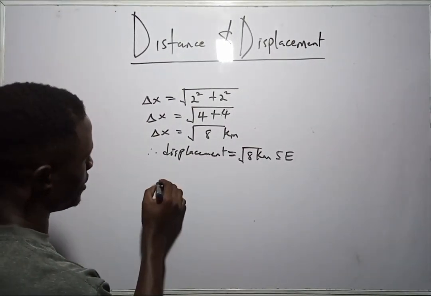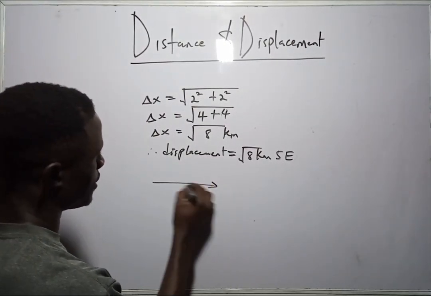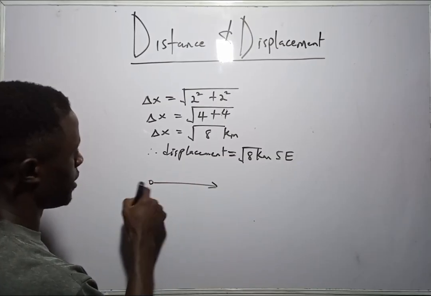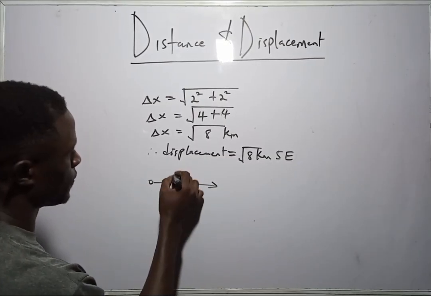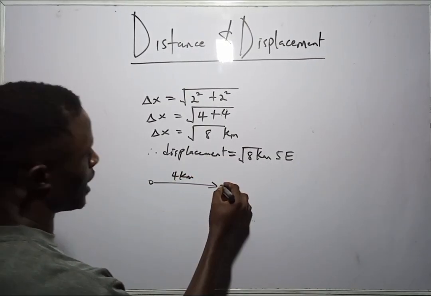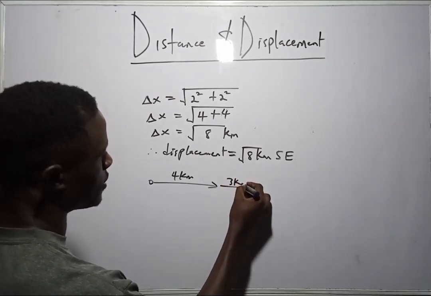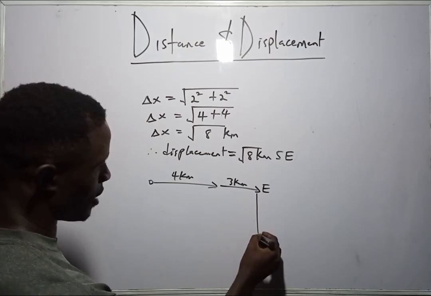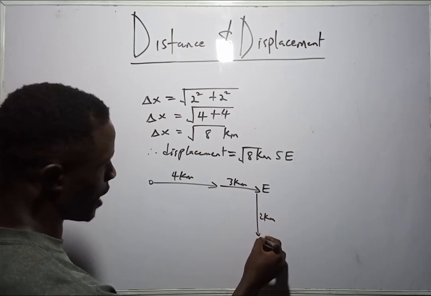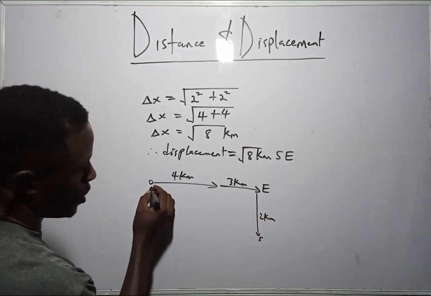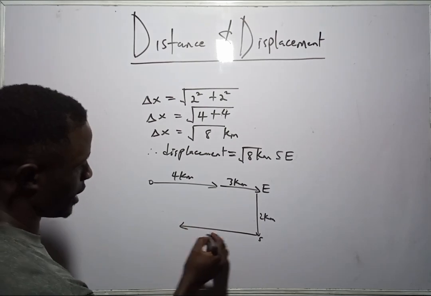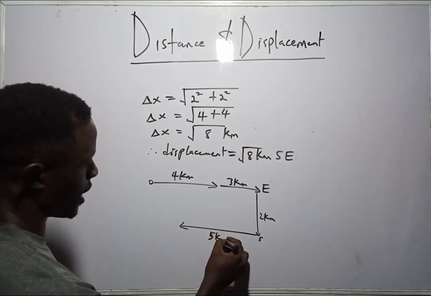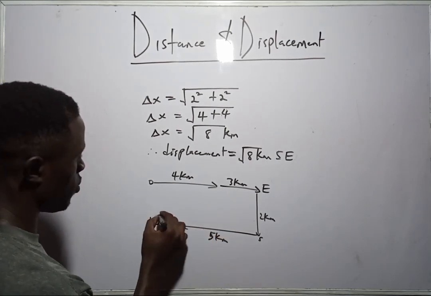Now to calculate the distance, if it started from here 4 kilometers and then continued 3 kilometers due east, and it then went down 2 kilometers due south, then it came back in this direction 5 kilometers due west.